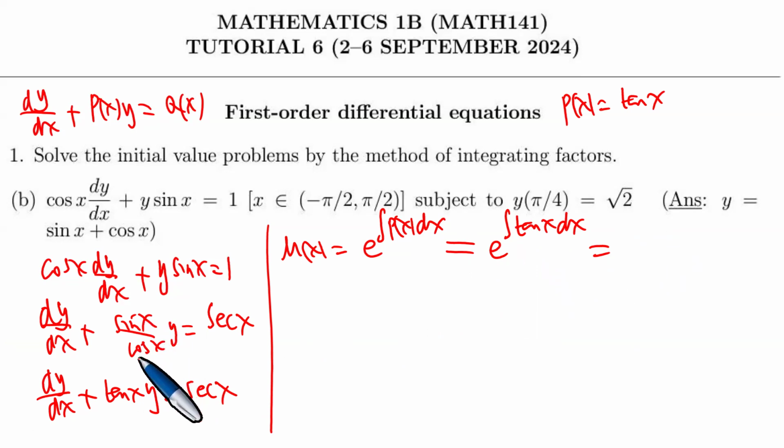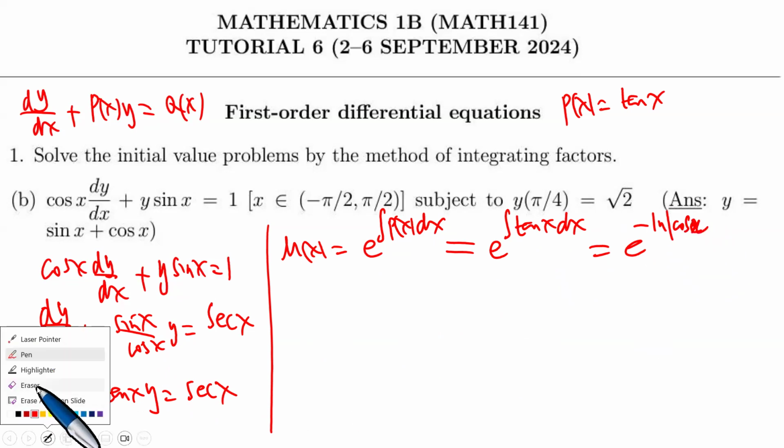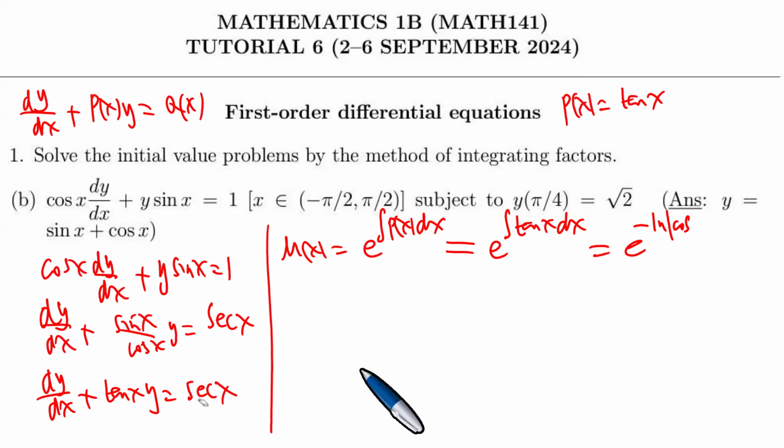The tangent is sine over cosine. The derivative of the cosine is minus sine. So this is going to be minus the ln of the cosine of x.